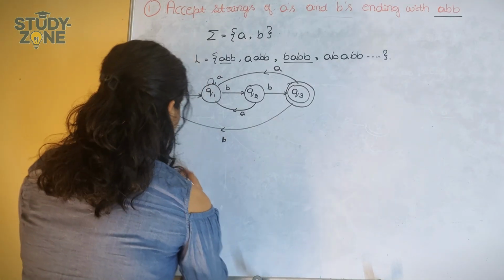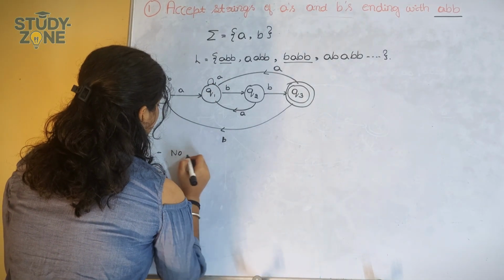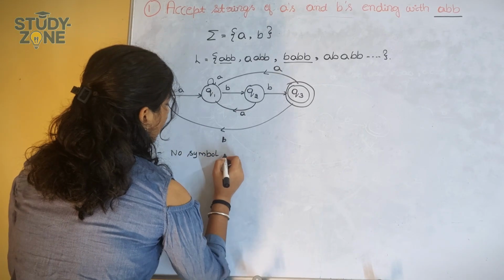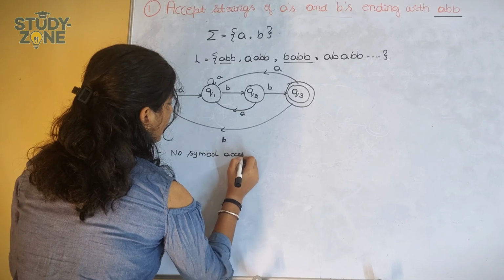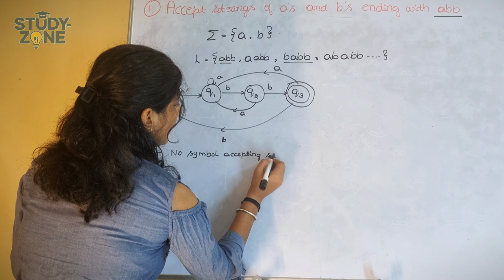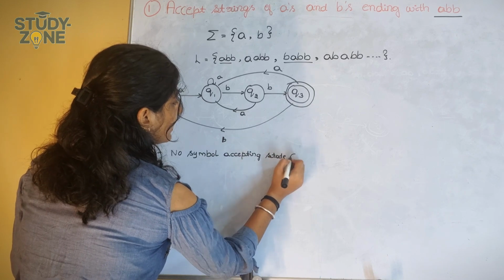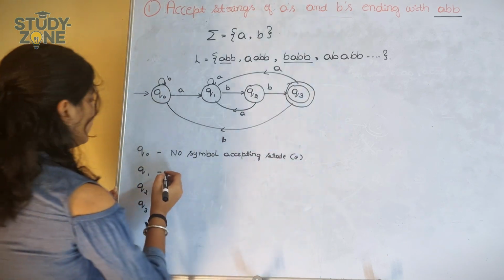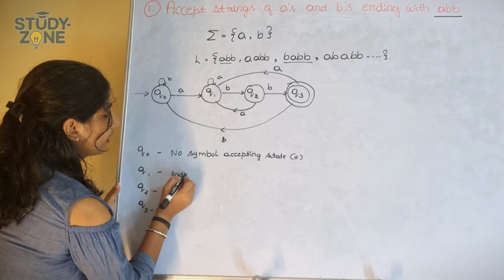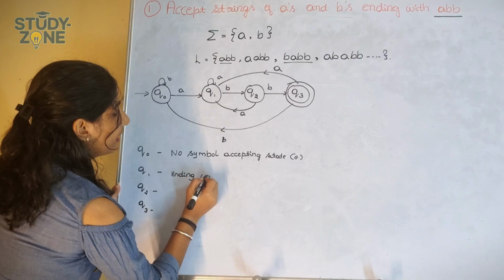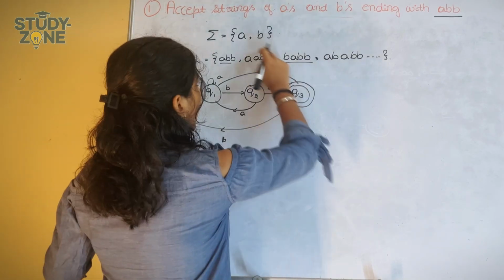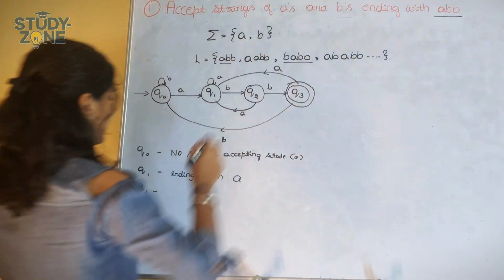And Q0 is no symbol accepting state. We have to take it like this, okay? No symbol accepting state, which means it is epsilon. And then we have ending with A, because we have A, B, B here.